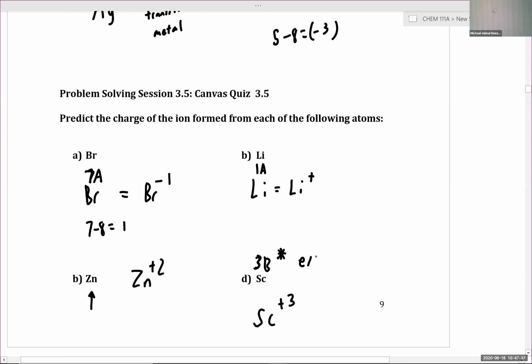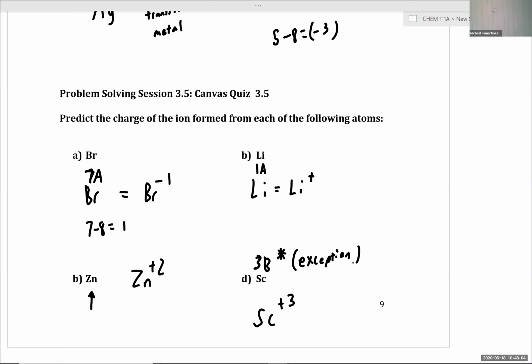This is an exception, but it's one that I wanted us to talk about briefly, as it's relatively intuitive if you just contrast it with the main group elements. This does not apply to all transition metals. In fact, we're going to be developing rules momentarily to calculate the charge of the metal in a transition metal.